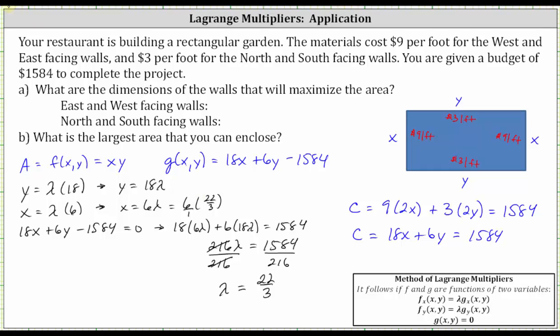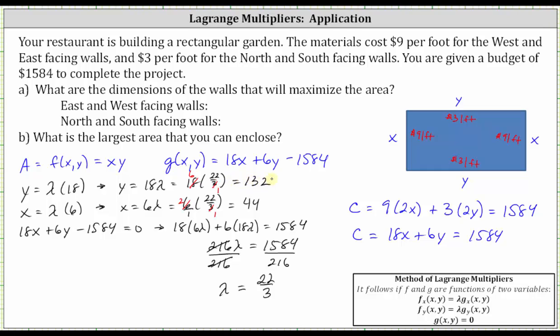Simplifying before multiplying, 3 simplifies to 1, 6 simplifies to 2. 2 times 22 is equal to 44. And then for y, we have y equals 18 times lambda, which gives us 18 times 22/3. Again, simplifying before multiplying, 3 goes into 18 six times. 6 times 22 is equal to 132.